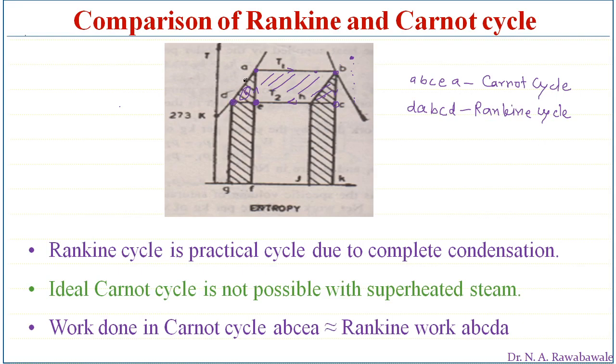So that is one of the advantages. And second advantage: in Carnot cycle we need to stop the condensation process in between. Exactly where to stop is the question mark. But in Rankine cycle the condensation process can be stopped after complete condensation only. And in a Rankine cycle steam can be superheated in the superheated region, but in case of Carnot cycle, steam cannot be superheated beyond the dry saturation limit.